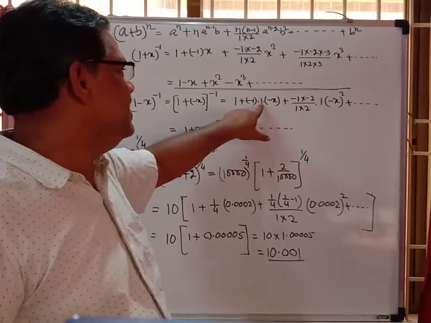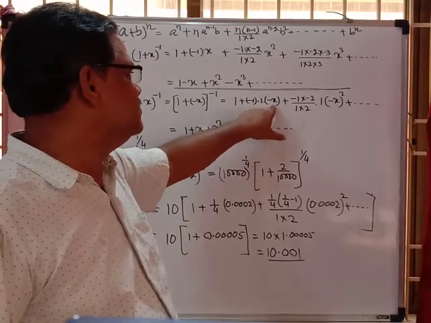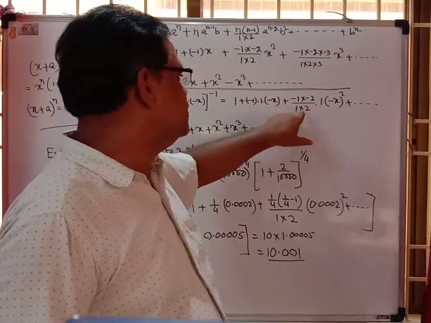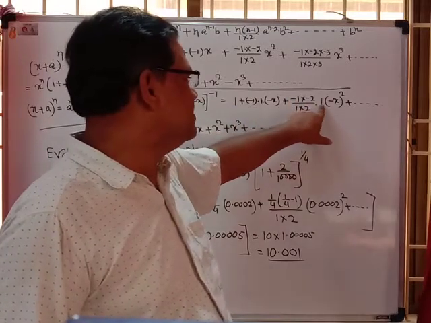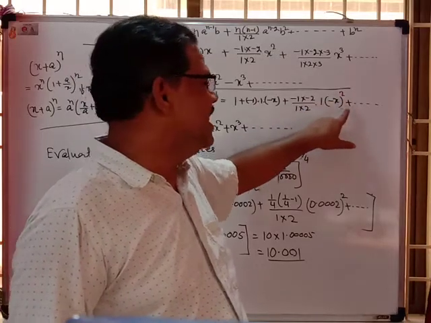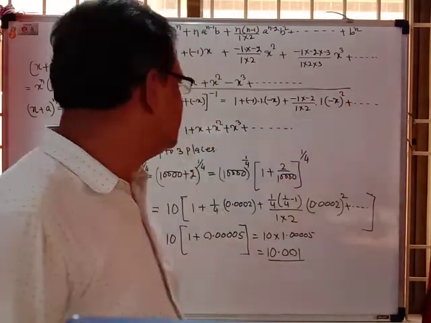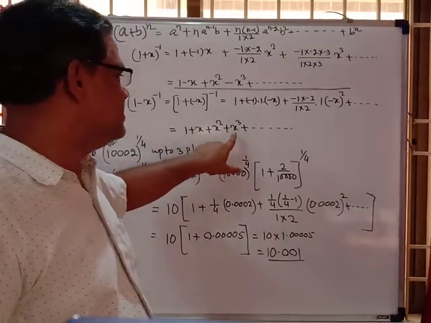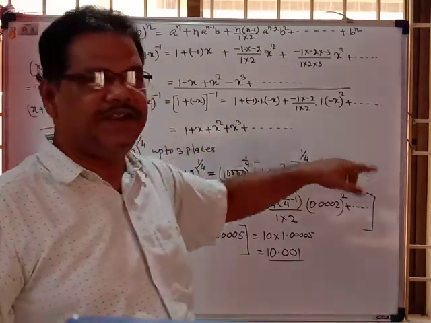Minus 1 into minus x to the power 1, plus (minus 1)(minus 2) upon 1 into 2 into minus x to the power 2, and in this manner it continues. You get 1 plus x plus x square plus x cube, and so on.